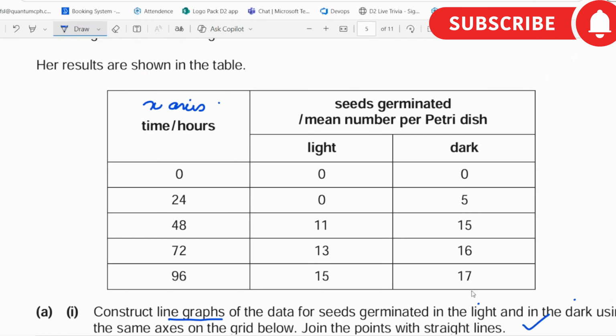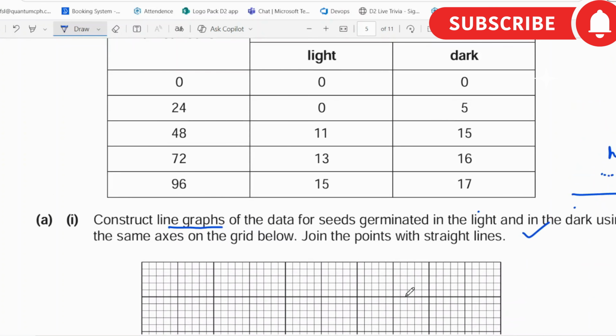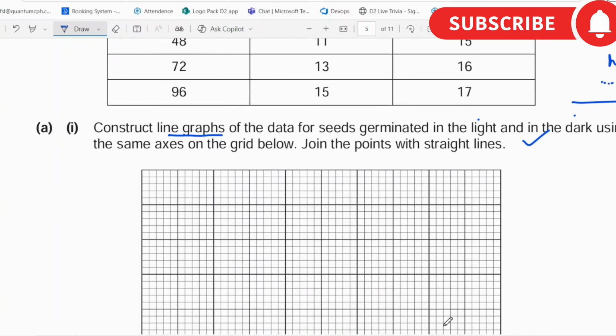You have to give a key, like this line is for light, and this line is for dark. Keep this in mind. Like the dotted line is the light one and the solid line is the dark one.